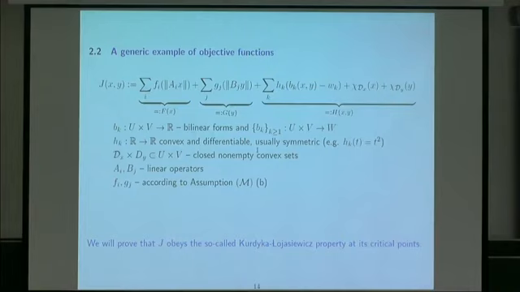Dx and Dy are closed non-empty sets. These are the constraint sets. AI and Bj are general linear operators. And I will give some functions fi and gj that are in accordance with the assumptions.